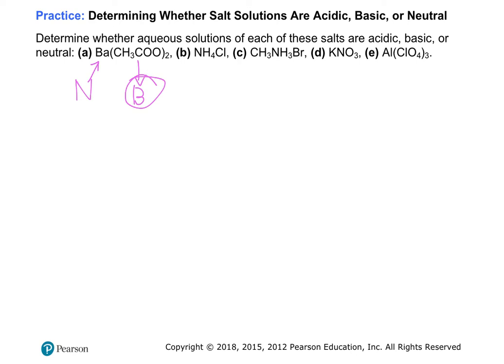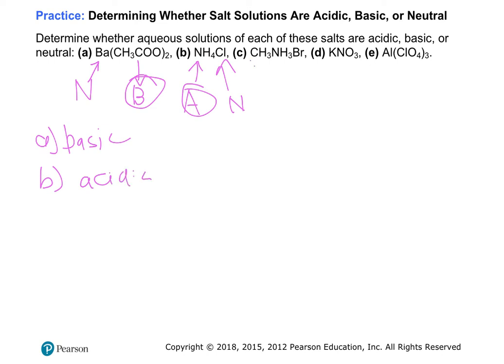So neutral plus basic means that number for A will be basic. Now we look at B, we have ammonium, that's a weak acid, so that's going to lead to it being acidic. Chloride's a conjugate base of a strong acid, so it's going to be neutral. So for B, ammonium chloride, it's going to be acidic.